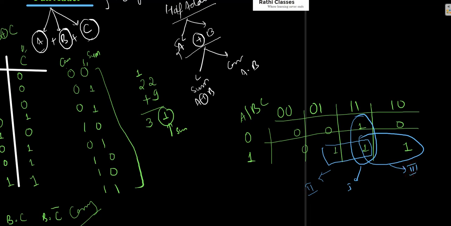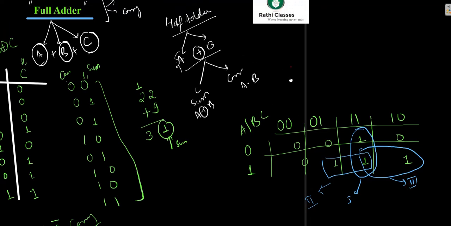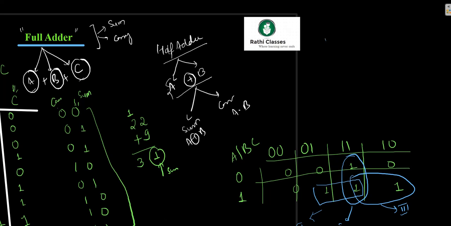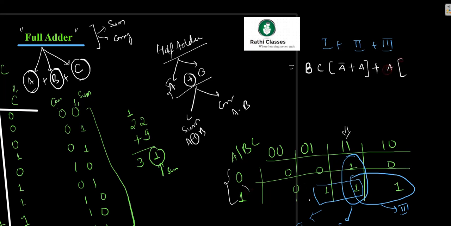So what I will be writing is, again it is using SOP. So I will be writing case 1 plus case 2 plus case 3. In case 1 my column is fixed, that means I will be writing it as BC, and the varying is row, so I will be writing it as A bar plus A. In the second case my row is fixed, row is nothing but A, the varying is column, so column is varying something like this: B bar C plus BC.